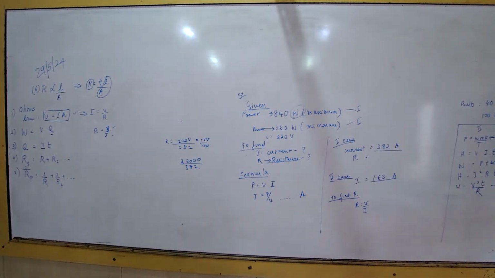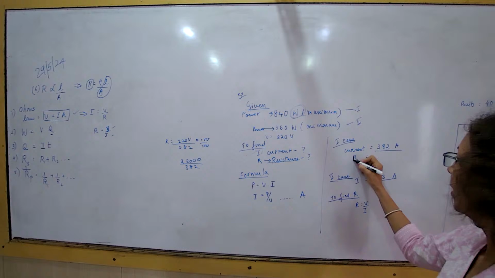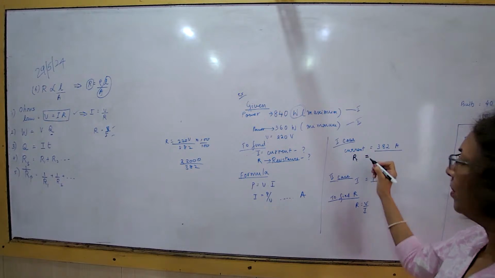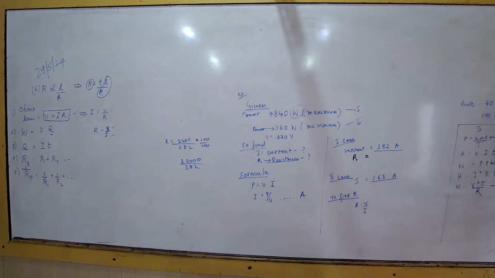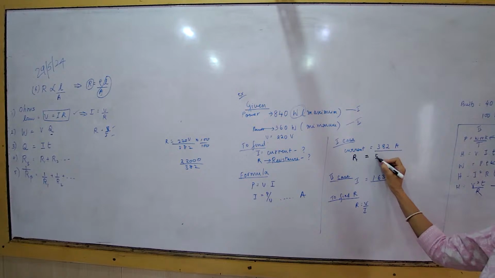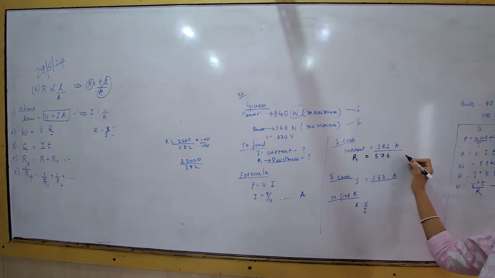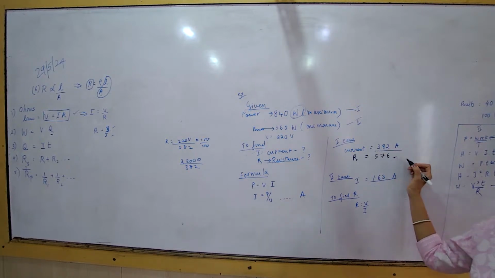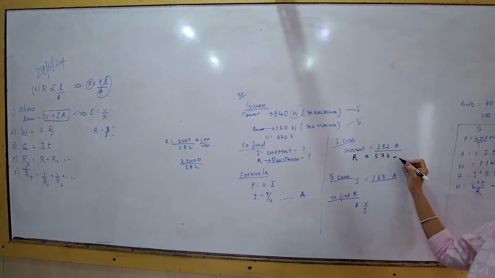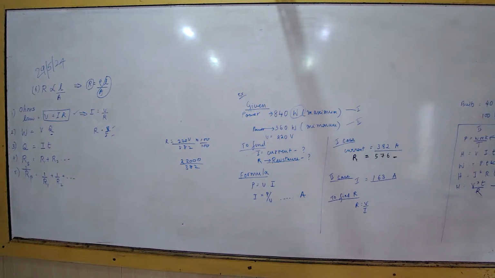What was R in the first case? How much is R in the first case? 57.6. What is your unit? Abhishek, done the first one and the second one. So resistance, so many ohms.